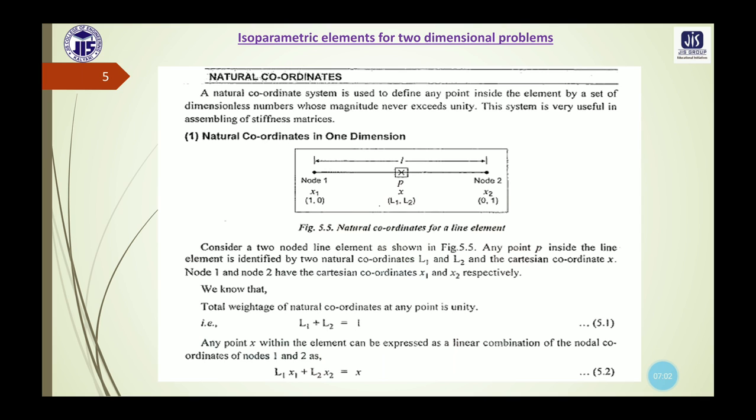So let us start with the natural coordinates concept. This natural coordinate system is used to define any point inside the element by a set of dimensionless numbers whose magnitude never exceeds unity.